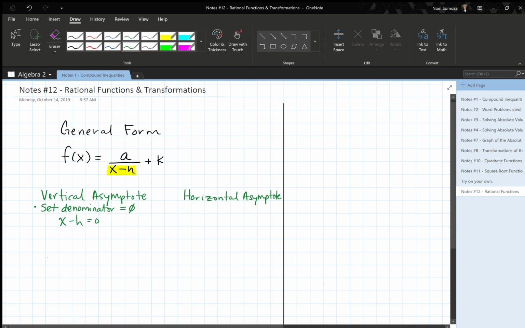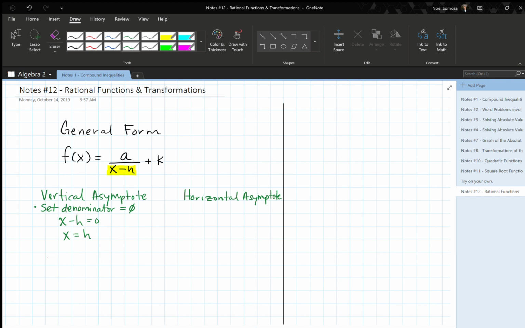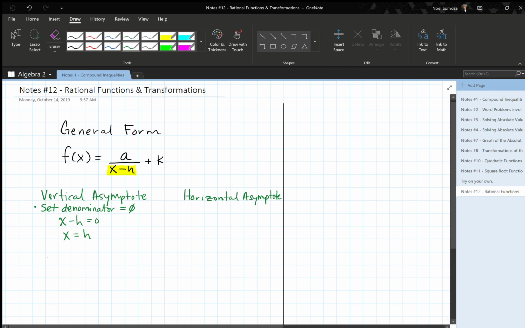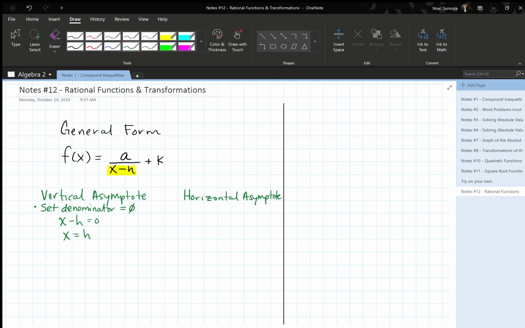When you solve, we would just add h to both sides, so you'd end up with x equals h. That tells you there will be a vertical line where x is equal to h. Remember that h will eventually become a number, so we won't be dealing with two variables. It could be x equals 1, x equals 5, whatever h happens to be, that's where the vertical line will go.